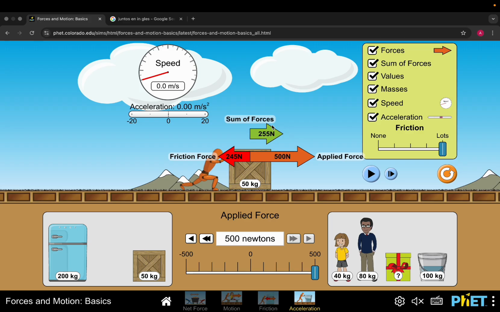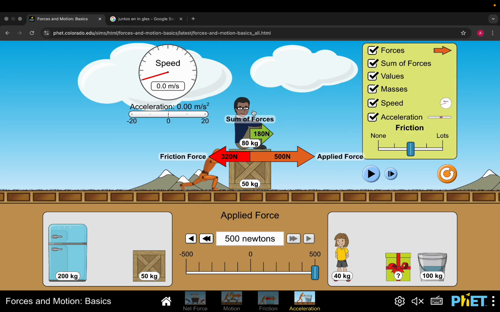So, here we can see how acceleration depends on force and mass. If I increase the force, the acceleration increases, like here. Let's do it again, like the past one. And if I increase the mass, like as we were seeing earlier, the acceleration decreases.